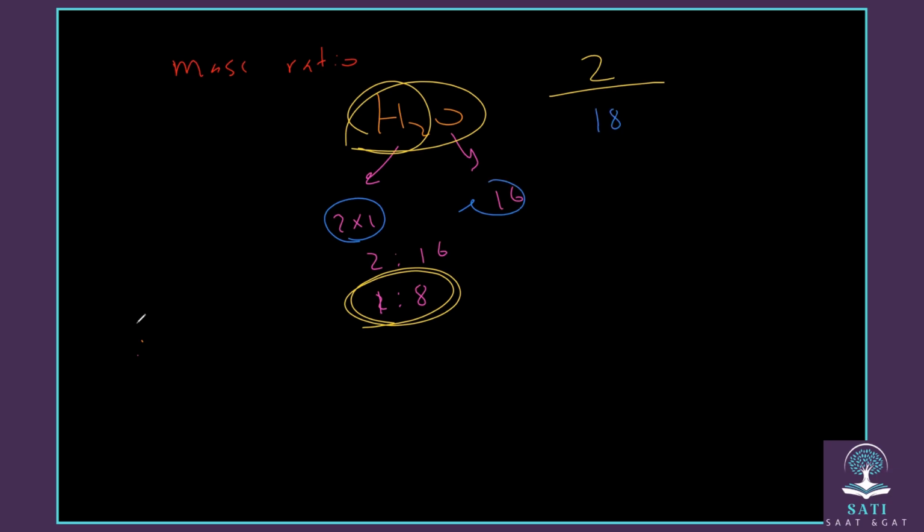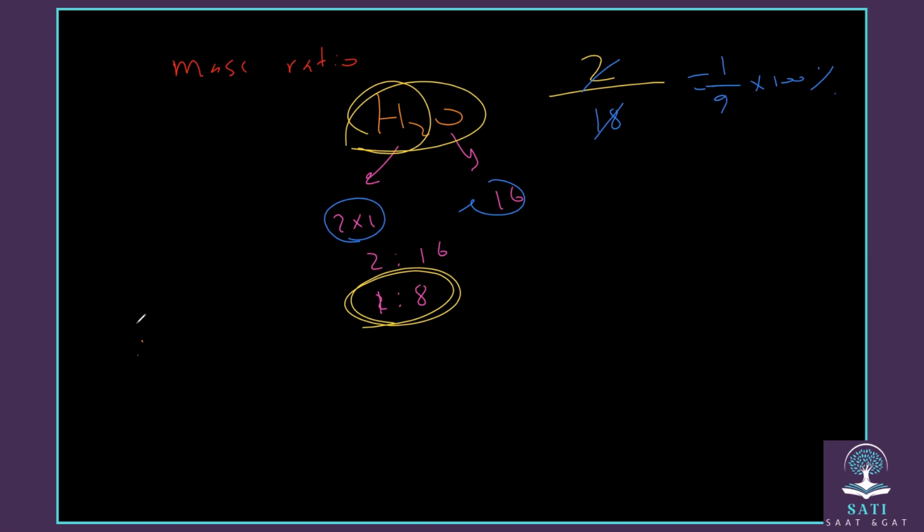So if you simplify it, it's 1/9, and you multiply it by 100 to make it a percentage, which is called the mass ratio of the hydrogen element in its water compound. The same goes for oxygen.